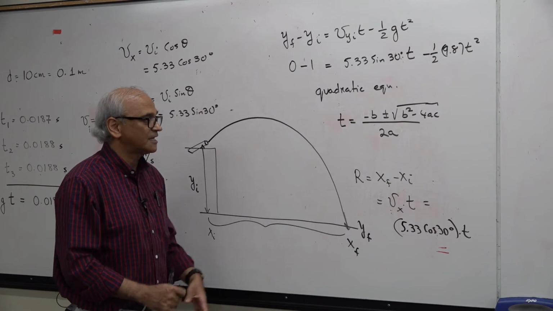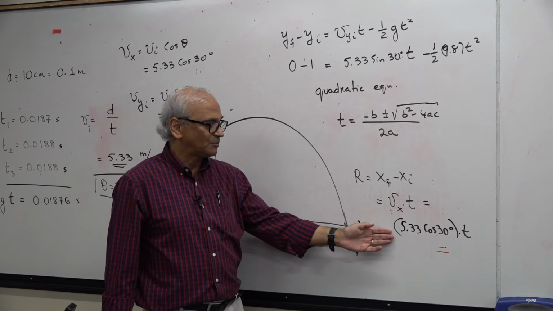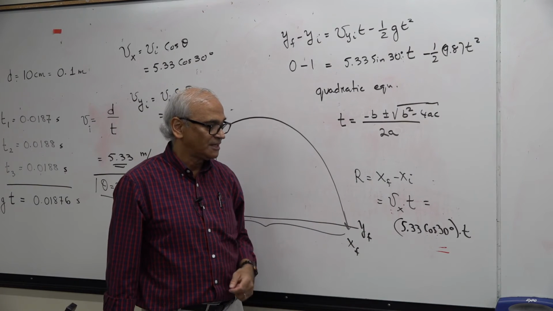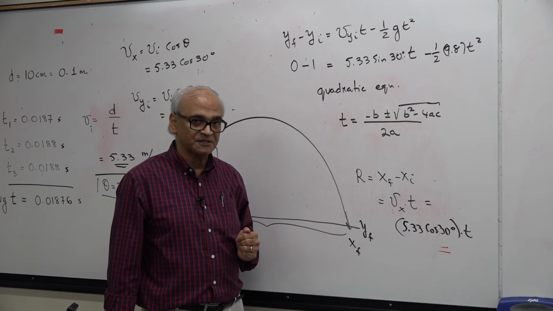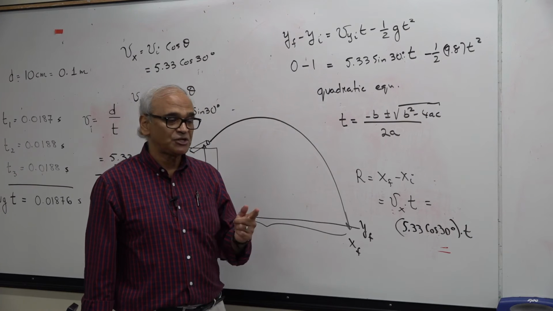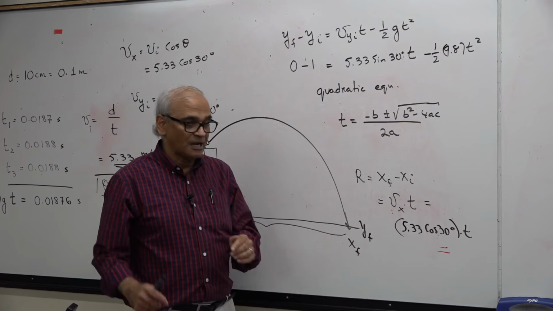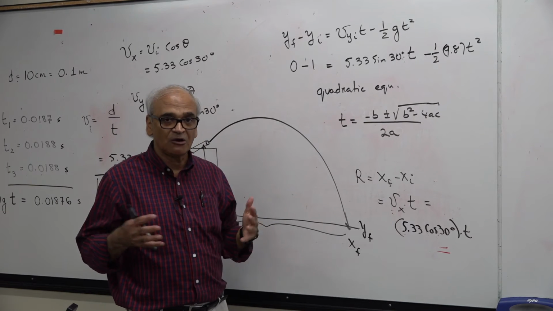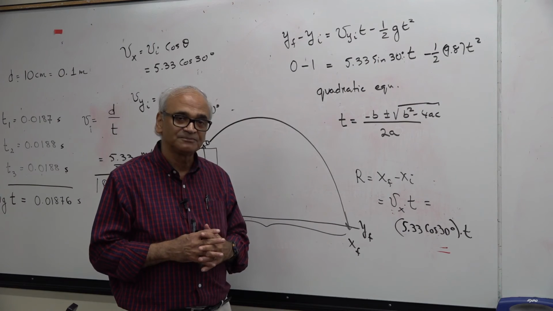So as I said, I expect this to be in between 0.5 and 1 second. When you multiply that with 5.33, I expect the range to be between 3 and 4 meters. So we will do an experiment and we'll get that number. What you have to do is that once you finish your calculation at home, I'm going to give you the final number and see how close you came to the prediction, okay?